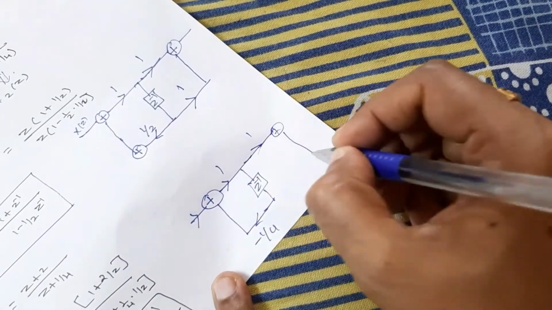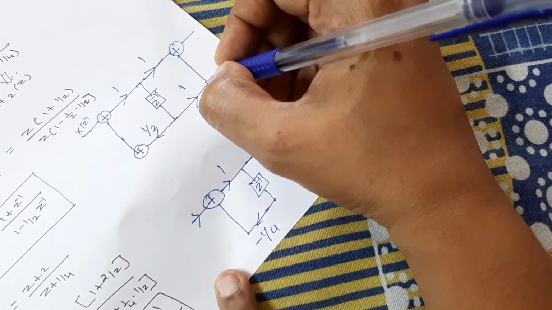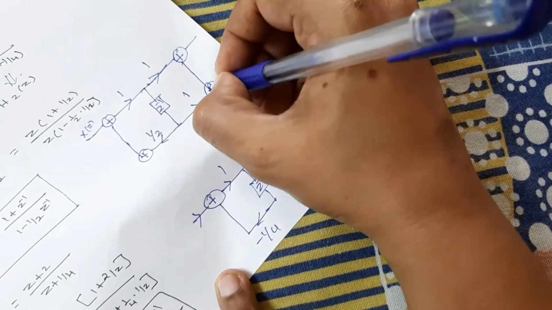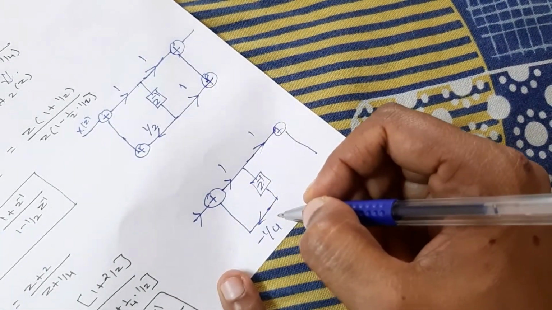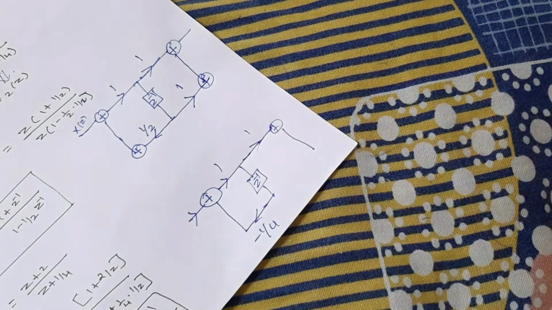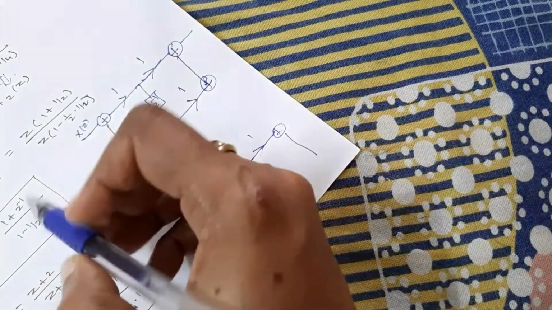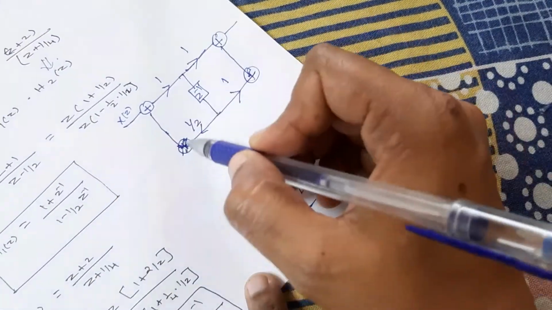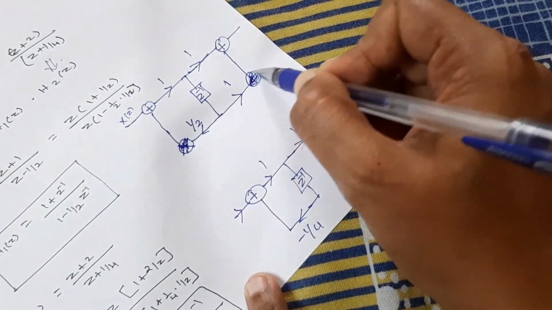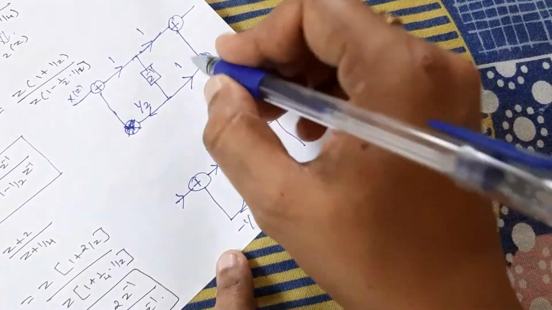Here again one adder. Sorry, here there will be no adder because only one addition symbol is there. Here also there will be only one adder. So remember that.